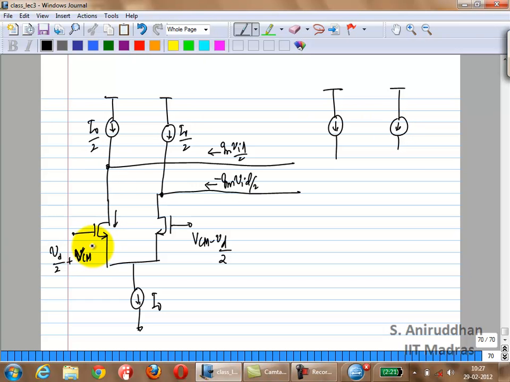Now if you are adding some PMOS, they also need to be biased separately. So we'll call that I1. Okay. So let's call this I2.